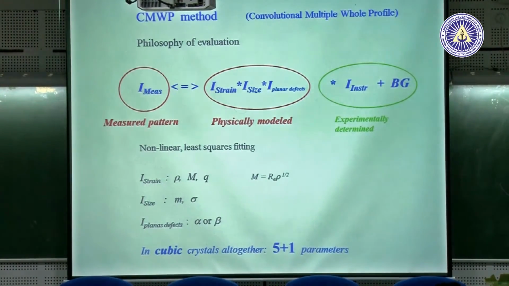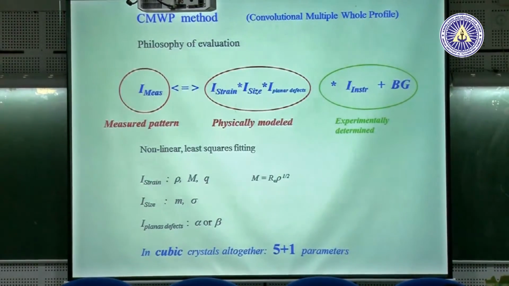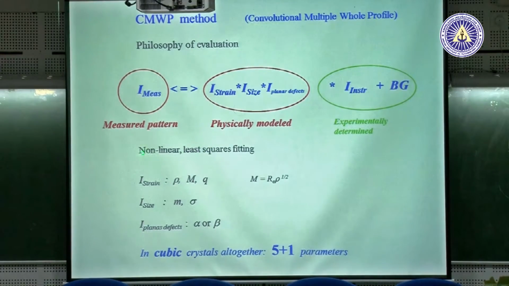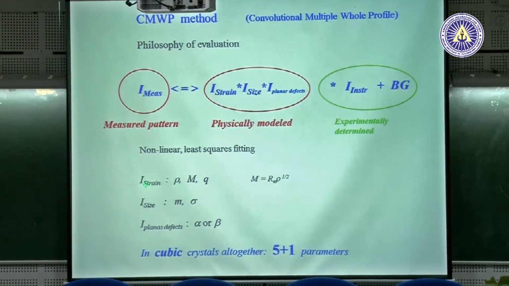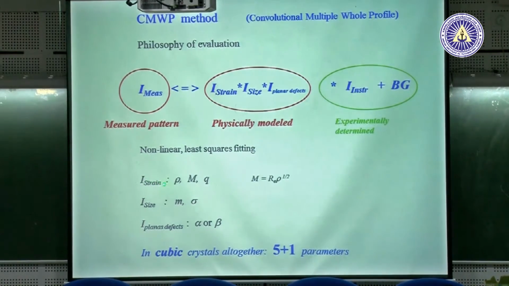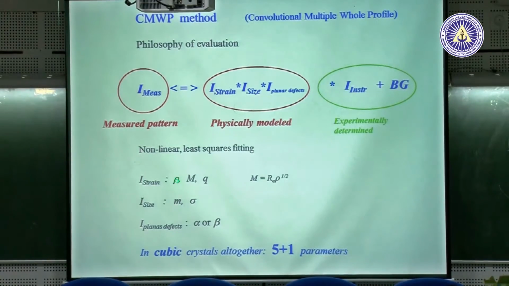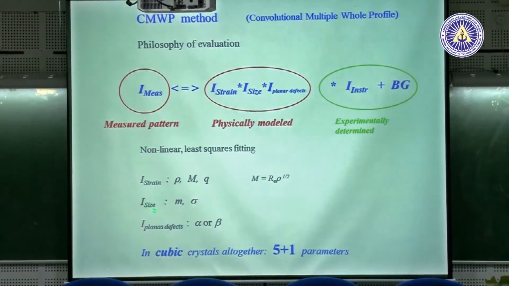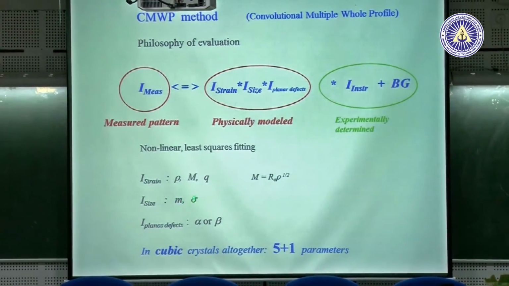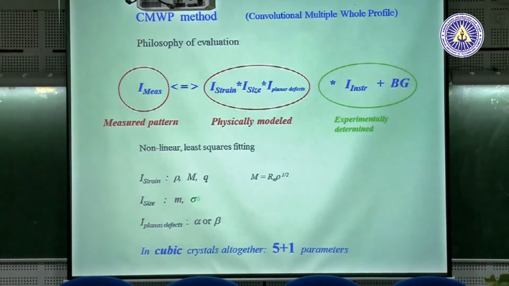Okay? And you match the two by a nonlinear least squares fitting, and the physical parameters for the strain profile are, we discussed that before, these three. For the size, we have these two, the median and the variance.